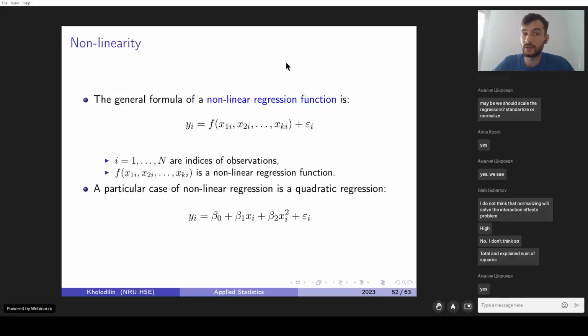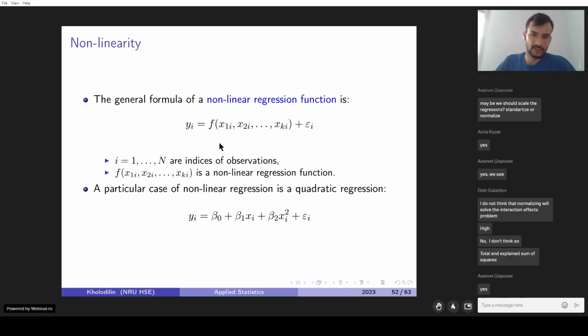Generally, it looks like you have some function. Now instead of coefficients, you have a function, and inside you have some dependence as well. What you need to do is guess the type of the function, and then you can do the same regression as before.